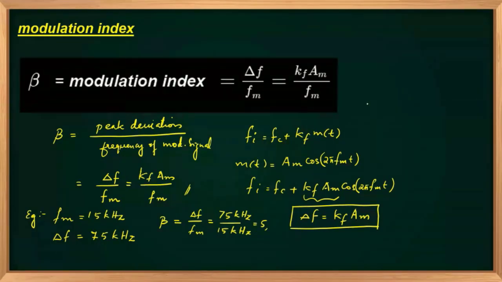Okay, right. Thank you. So if you calculate beta for a different value of fm, if fm equals 5 kilohertz and peak deviation delta f remains the same value, 75 kilohertz, then we'll get the modulation index beta equal to delta f divided by fm.